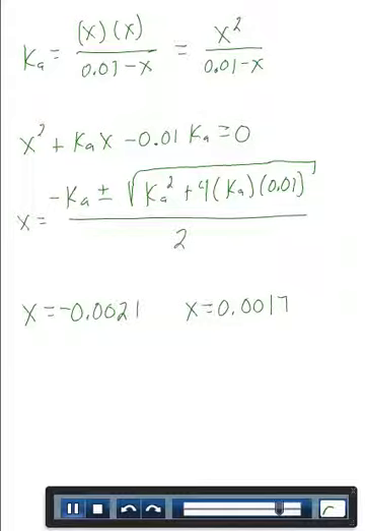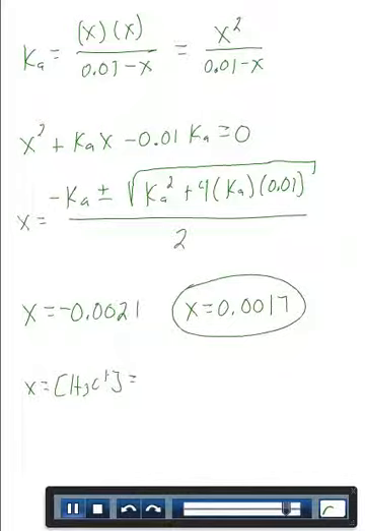So since X is equal to the amount of H3O+ and F-, it cannot be negative. And so only the positive root of X is physically meaningful. Therefore, X, which is equal to the H3O+ concentration, is equal to 0.0017.